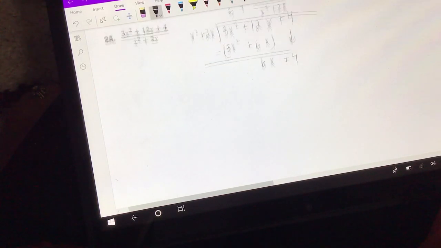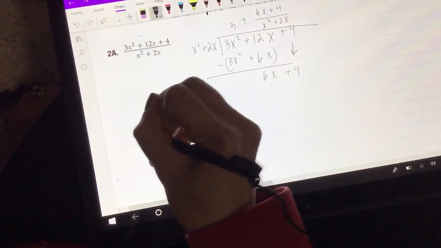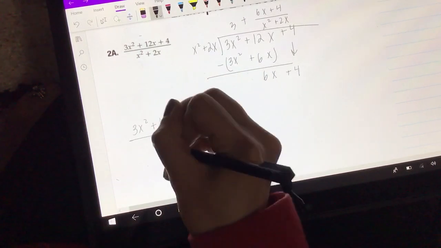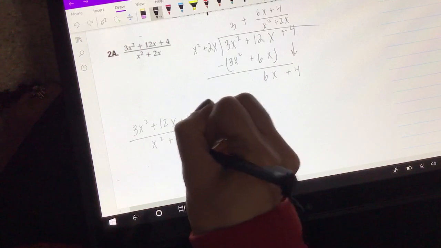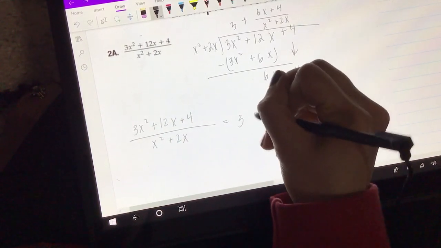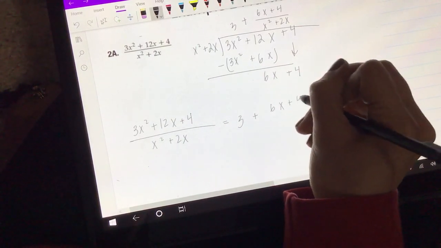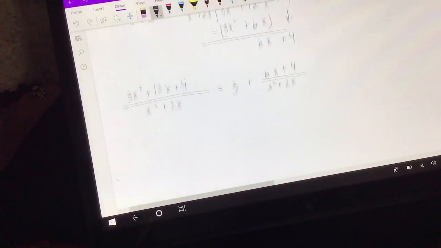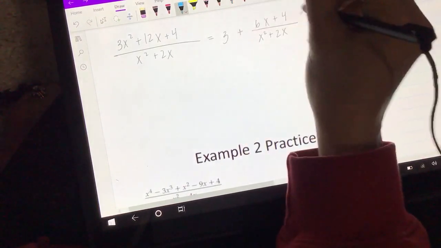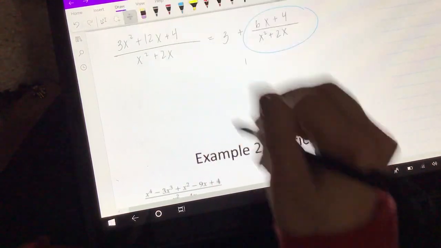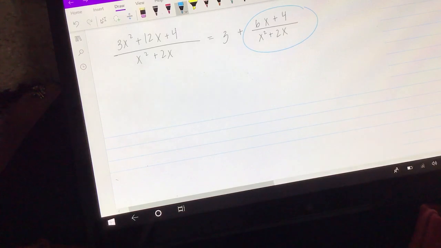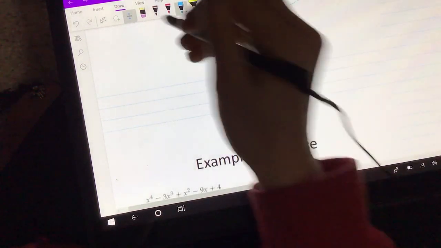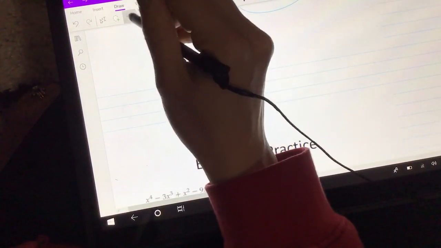So we have 3x squared plus 12x plus 4 over x squared plus 2x equals 3 plus 6x plus 4 over x squared plus 2x. Now remember, you can just take this rational part of the right side and just work with that for now.